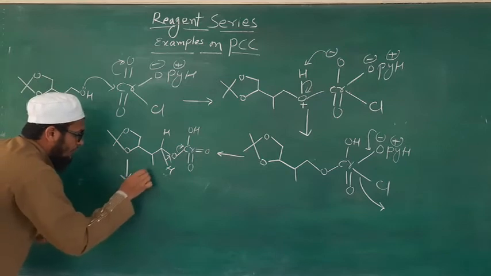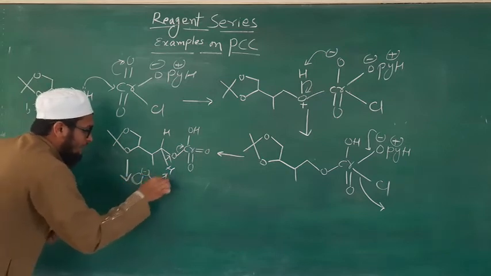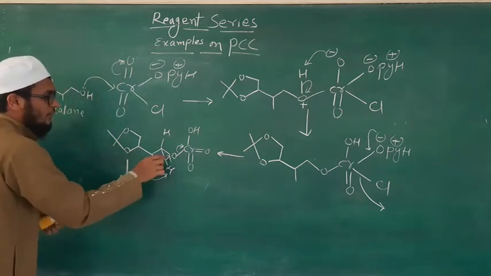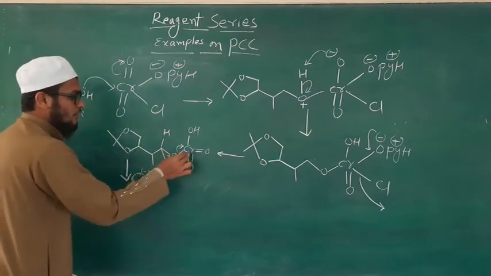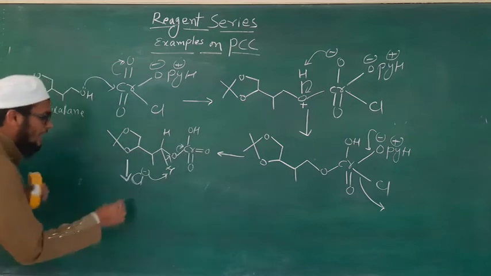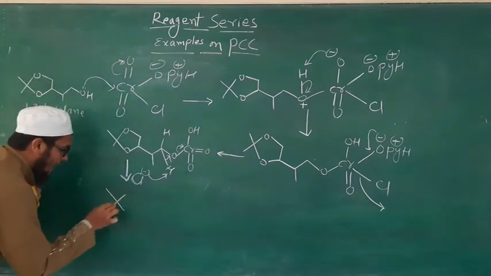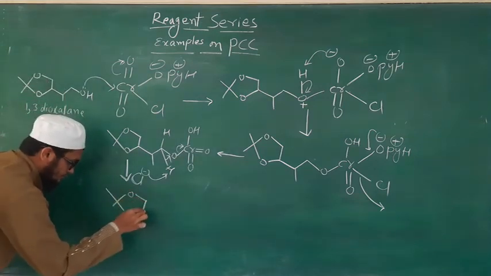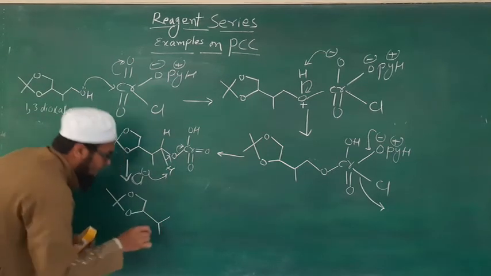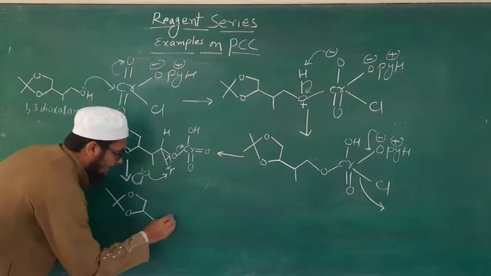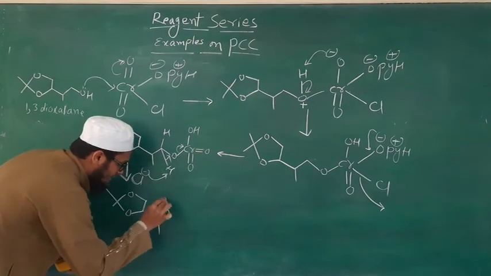So we have our free chloride ion in the reaction mixture. It will extract this hydrogen. This carbon-hydrogen bond electron will shift towards the carbon-oxygen double bond, and this oxygen-chromium bond electron will shift towards oxygen. And what I will have is the O, this one, methyl group, and this hydrogen will be as it is.